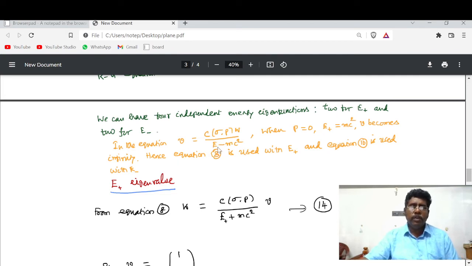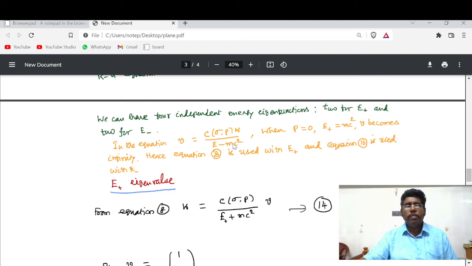Instead of E, we cannot put E plus, but we should put E minus. If it is E plus, the E plus value equals mc², so mc² minus mc² is 0, and anything divided by 0 is infinity. Therefore, whenever you use E minus mc², we should use E with suffix minus.